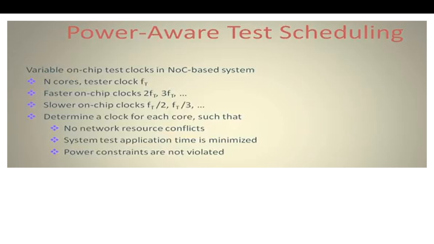Power aware test scheduling. Variable on-chip test clocks in MSC. N cores, tester clock FT, faster on-chip clocks 2FT, 3FT, etc. Slower on-chip clocks FT by 2, FT by 3. Determine a clock for each core such that there are no network resource conflicts, system test application time is minimized, and power constraints are not violated. Why have we specifically mentioned that power constraints are not violated?